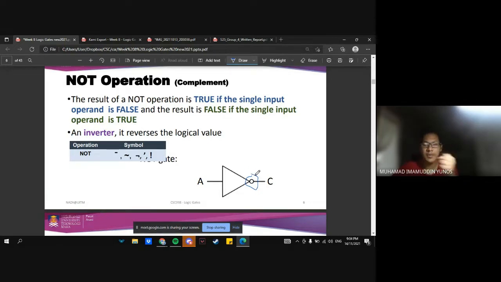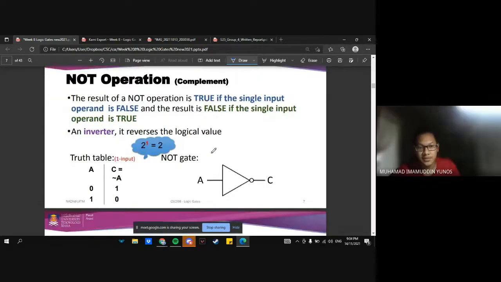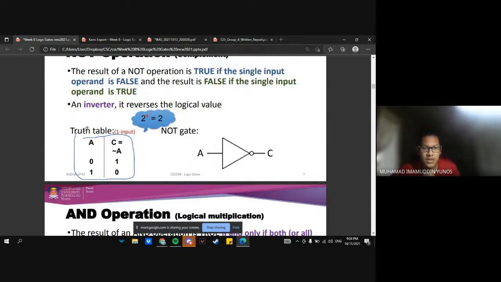True becomes false. If false, it becomes true. You can see here the A operation is false, which is 0. After we put the NOT on the A, it becomes 1. It inverses, 0 becoming 1, true, and 1 becoming 0.